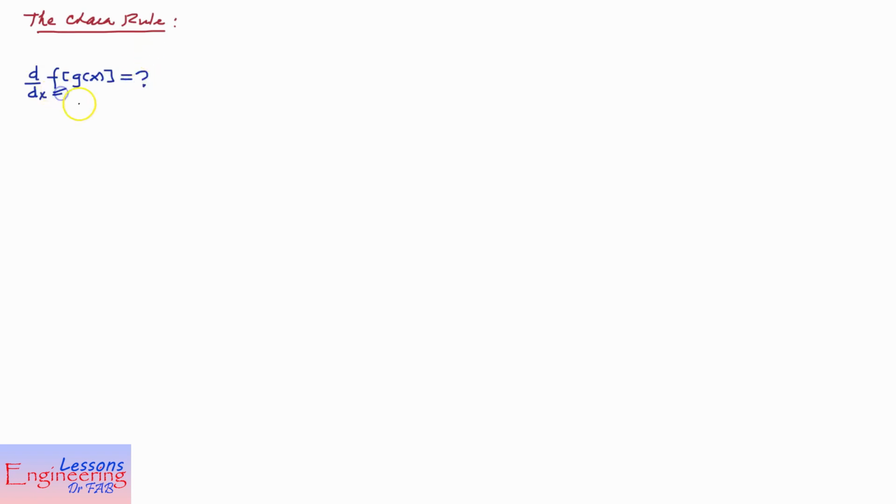That function f has g of x, which itself is a function, as a variable. So assume g of x is r, and we can rewrite this as follows.